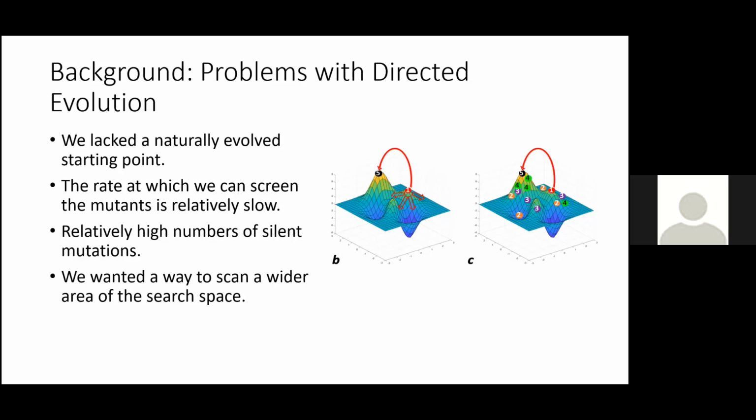So if we start out, in this little part B here, at a local maxima, directed evolution can't leave a local maxima to get to the global maxima, because each of the small mutations to get there would be themselves silent mutations or worse, and so we'd think we found the answer. And so we really wanted a way that we could look all around the search space to do so, and slowly converge, learning more about the landscape until we find the global maxima.